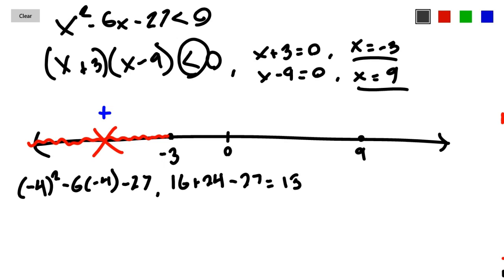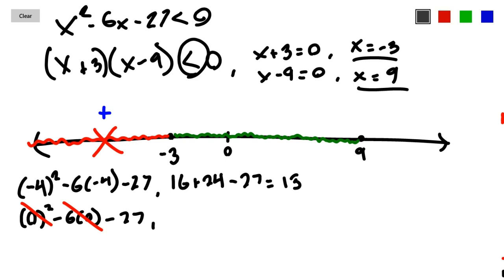So now I'm going to pick a value in between negative 3 and 9. Represent that by this green squiggly here, and see if it works. The easiest value to pick is 0 because it cancels out two of the terms. If we plug in 0, minus 6 times 0, minus 27, these two go away.